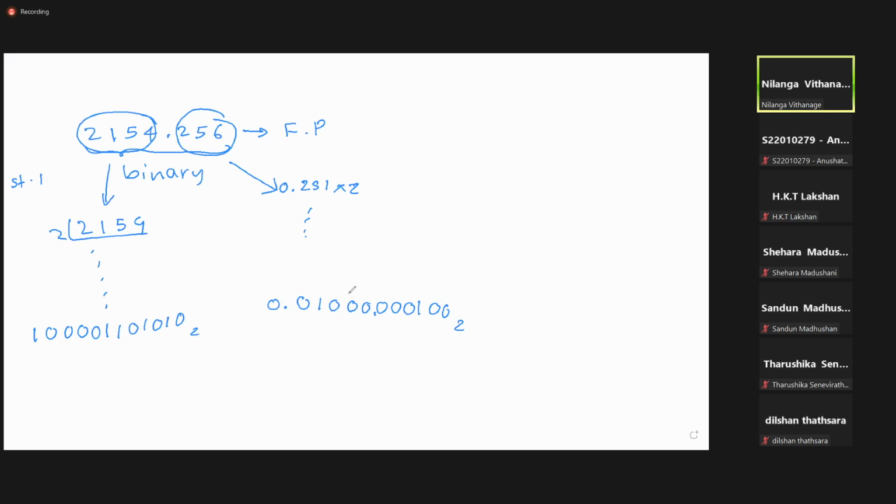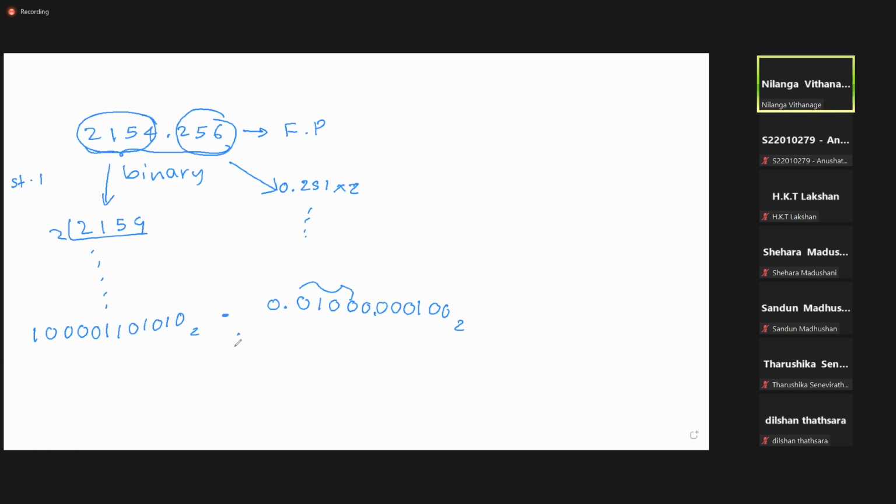In the final exam, you don't need to go this far. 4 fractional digits are enough, right? So this is the binary number, this point, this one, right?